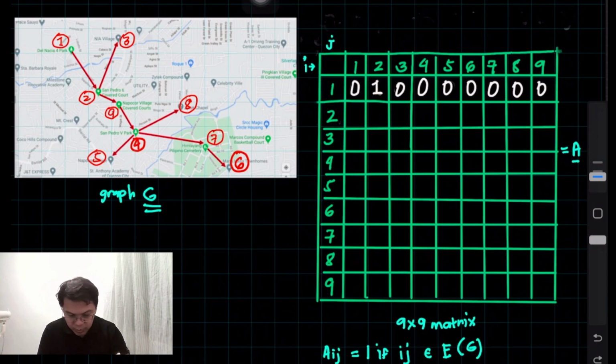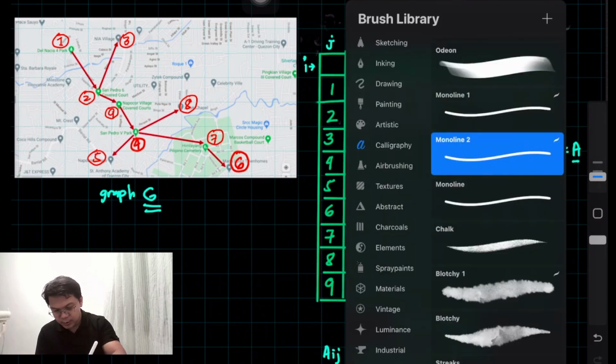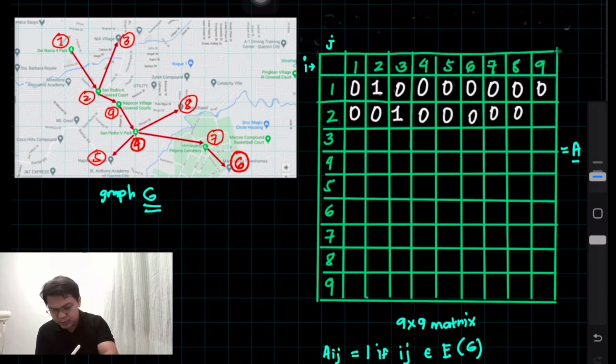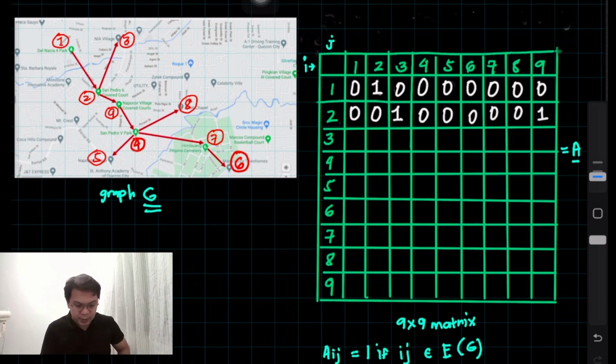Let's check 2 going to 1. 2 going to 1, no, so that's a 0. 2 going to 2 doesn't have a loop, so that's a 0. 2 going to 3, there is an edge, so we got 1. 2 going to 4, no, that's a 0. 2 going to 5, that's 0. 2 going to 6, that's 0. 2 going to 7, 0. 2 going to 8, that's 0. 2 going to 9, that is actually a 1. See? So we have another 1.